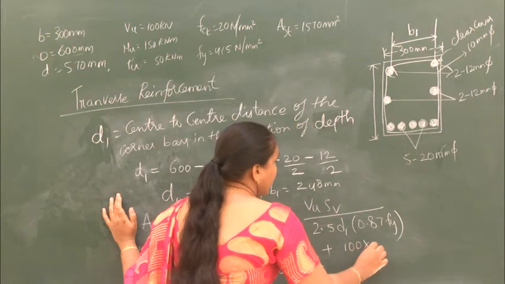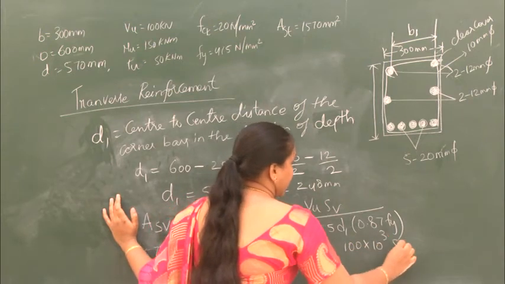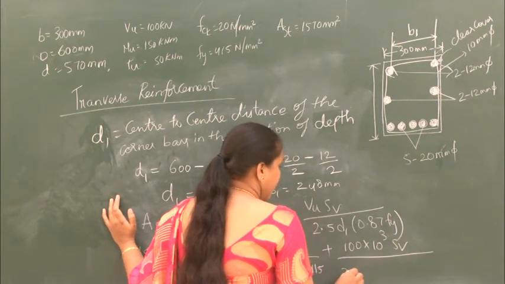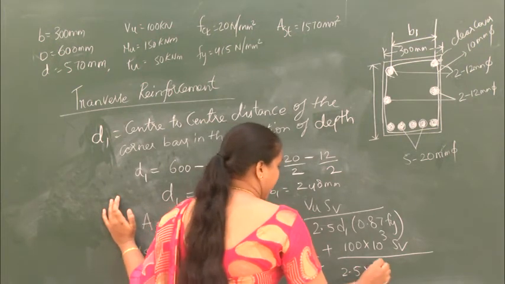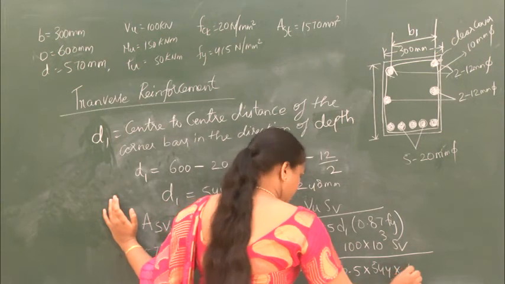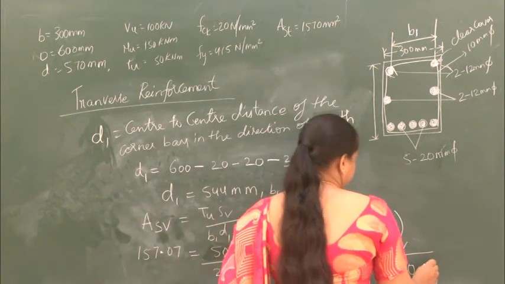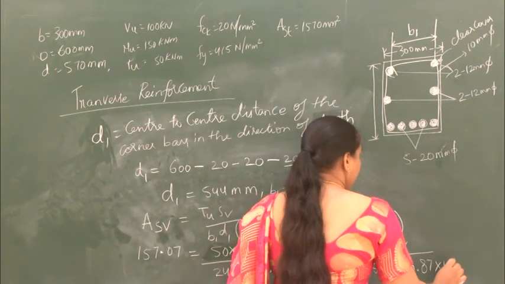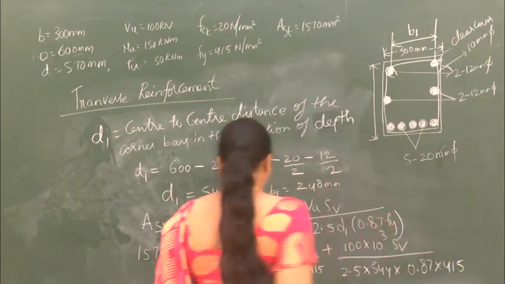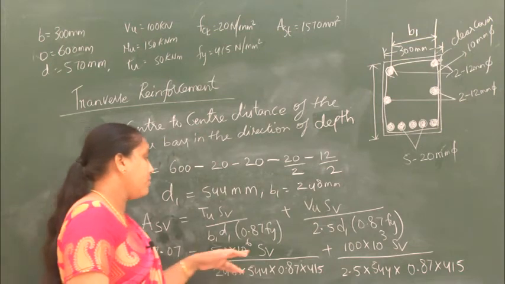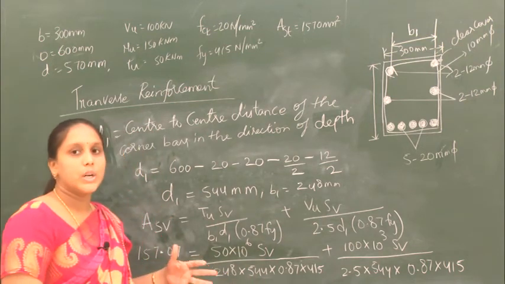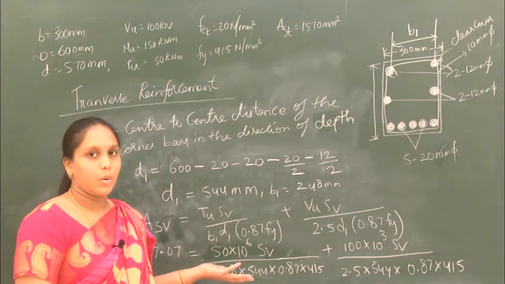So 100 into 10 cube into SV divided by 2.5 into D1. How much is D1? D1 is 544 into 0.87 into 415. So if you solve this, you will get a value of SV. That is the vertical spacing required.